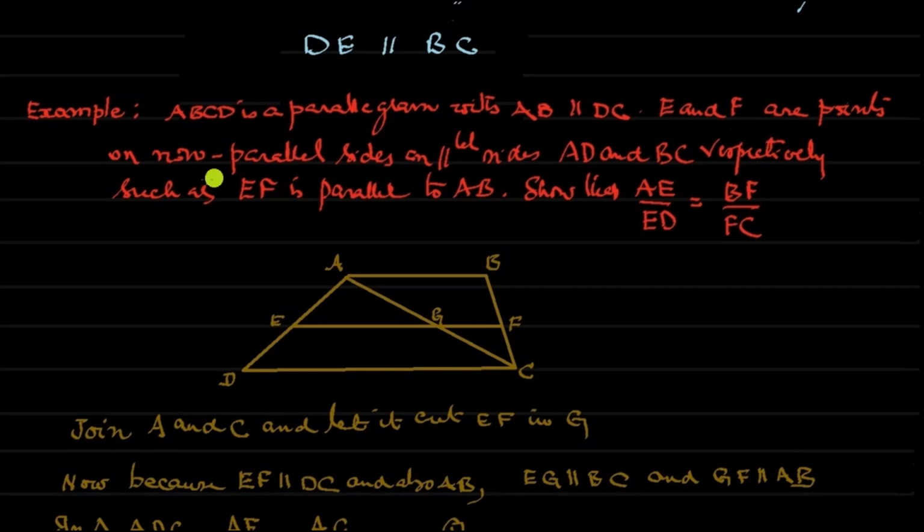E and F are points on non-parallel sides, BC and AD, such as EF.